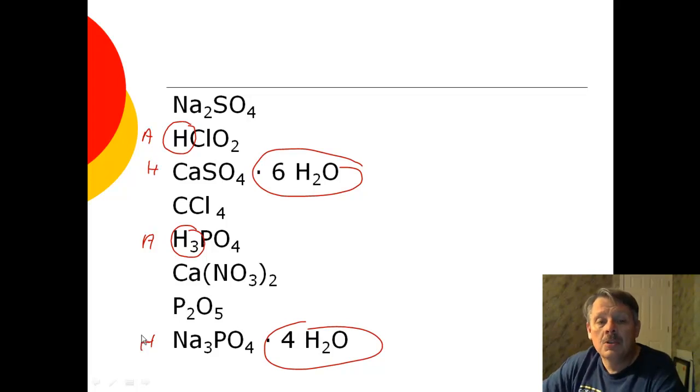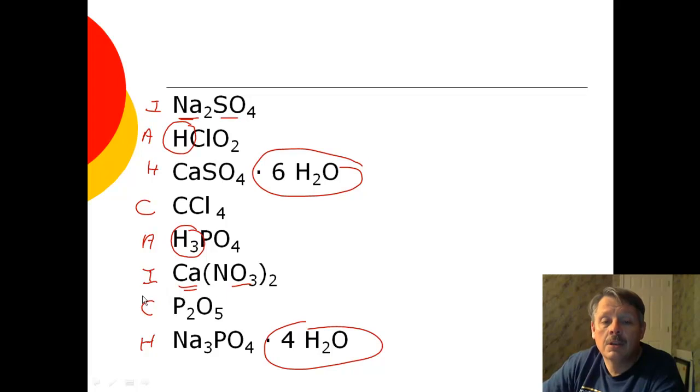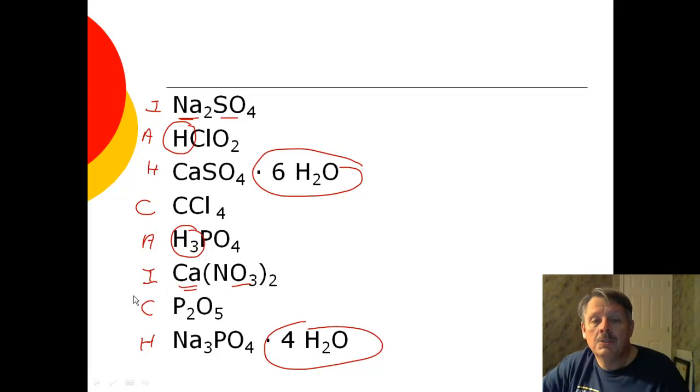Right? So if you look at your covalent ones have to be between nonmetals. So phosphorus and oxygen are nonmetals. Carbon and chlorine are nonmetals. So let's look at what's left. Well, that's a metal and a nonmetal. So that's ionic. That's a metal and a nonmetal. So that's ionic. Right? So you should be able to tell that way.